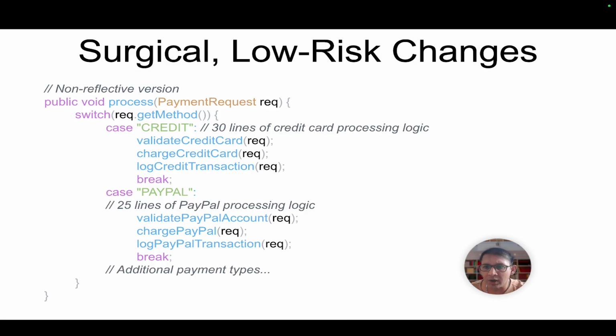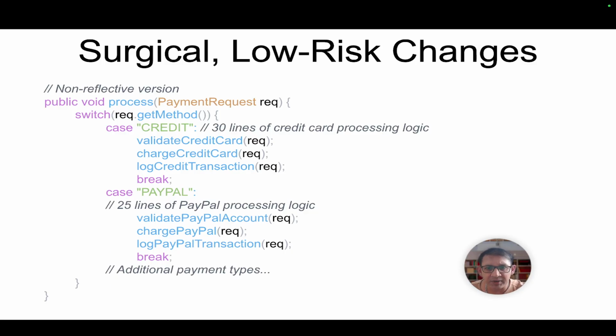With this approach, you have to perform what I call an open heart surgery on this central switch statement. You're modifying a critical method that handles all payment processing. It's risky because you could accidentally break the logic for credit cards while adding the crypto logic. Every line you touch increases the risk of introducing bugs into working functionality.